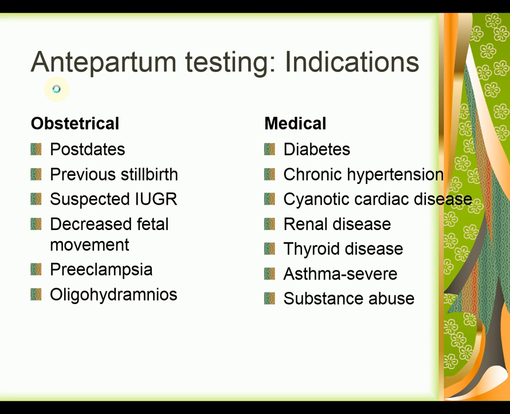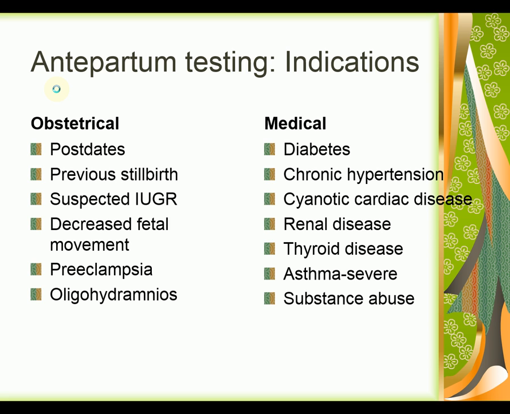Chronic hypertension works kind of the same way as preeclampsia would, where the baby's just not going to get enough supplies from the placenta. Cyanotic cardiac disease is a big thing. We'll be learning more about cyanotic cardiac diseases later this semester.